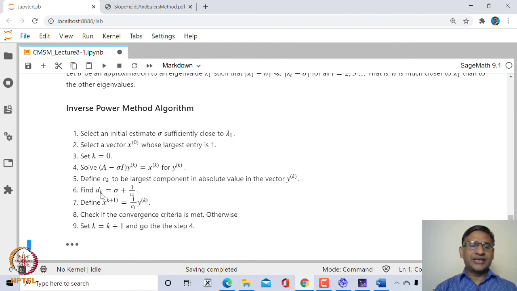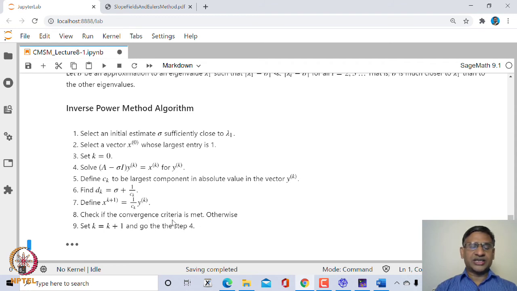Then define dk to be sigma plus 1 upon ck, and as k becomes larger and larger, this will converge to the largest eigenvalue. And define xk plus 1 as 1 upon ck times yk, and then check if the convergence criteria is met.